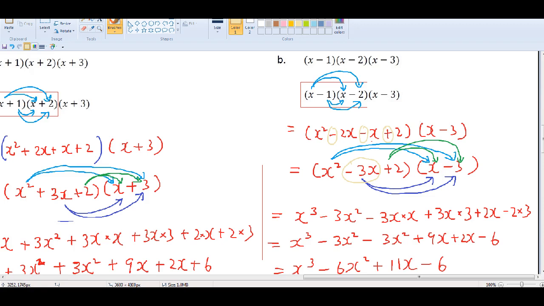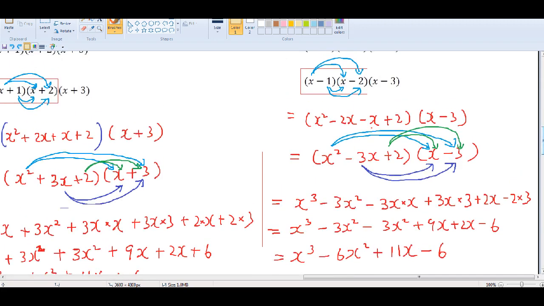Sometimes you need to check the sign of the term. For example, minus 3x times x should be minus 3x. Be careful about the sign here, because if you get something wrong here, that will make you wrong in the end. So that's the thing you need to consider.